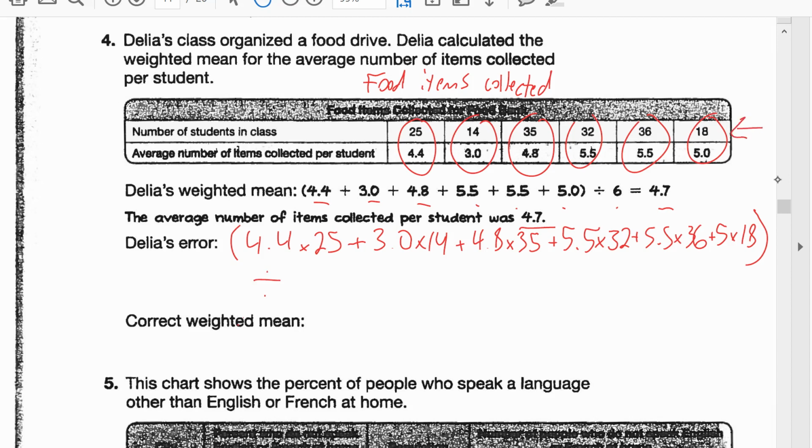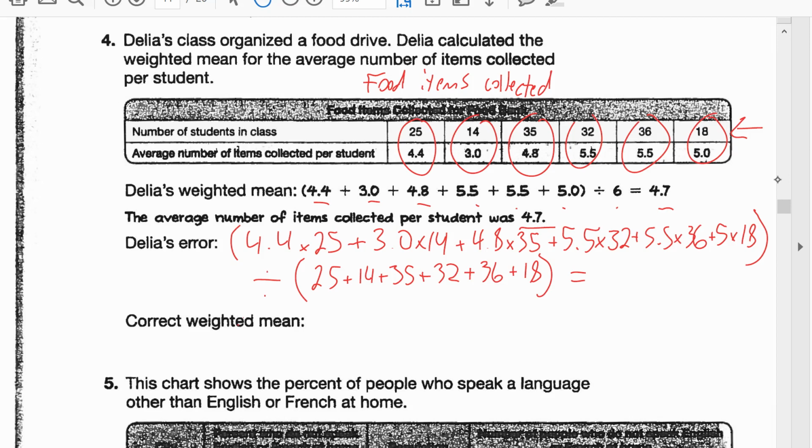So we have to add these. 25 plus 14 plus 35 plus 32 plus 36 plus 18. So the top divided by the bottom, you're going to get, I don't know, you tell me, the weighted mean.